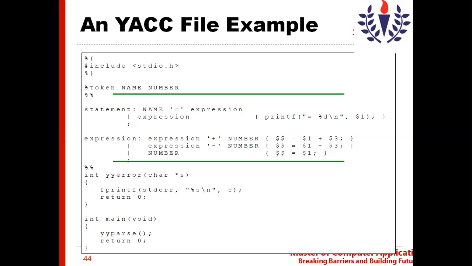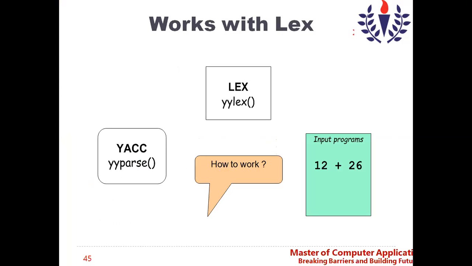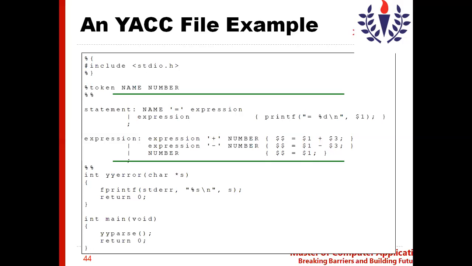Now you have the expression. So you have name equal to, and still we are not reducing this one; we keep it as an expression, and we are not going to reduce now because still more input is there, so we want to parse it. What is the next one? Plus.